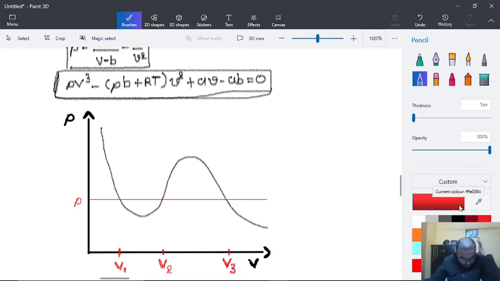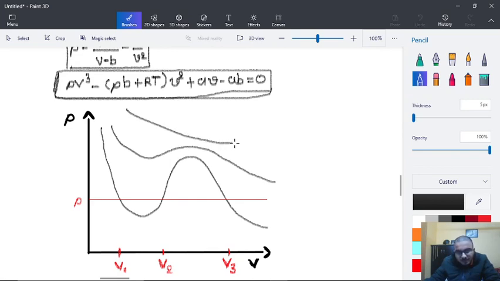Now as we are having three roots for volume, here we will increase the temperature. So there will be slightly a different curve that we should be getting here, like this. And beyond this point we will have a single root like this.